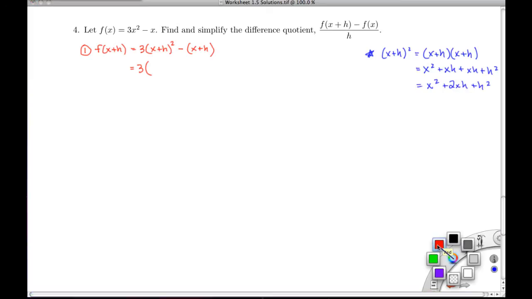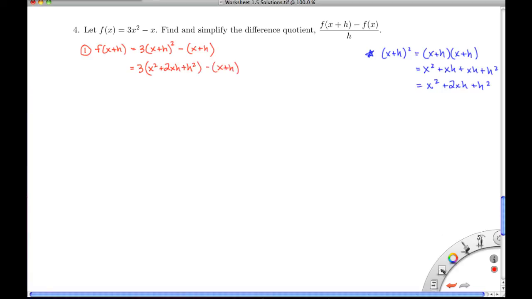So that's what we've got inside here. So x squared plus 2xh plus h squared minus x plus h.